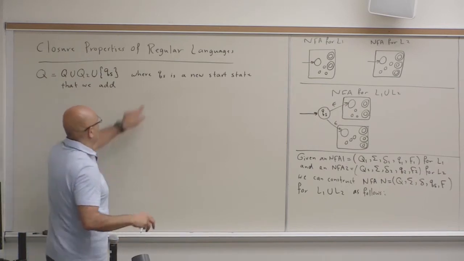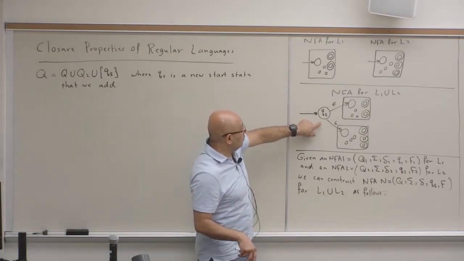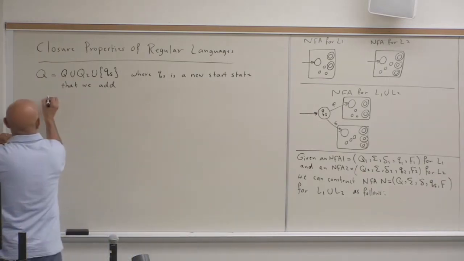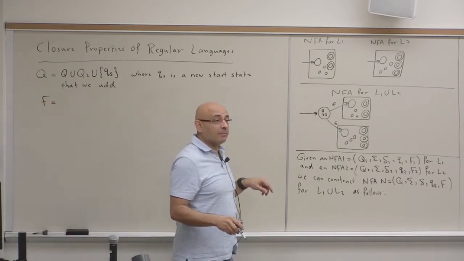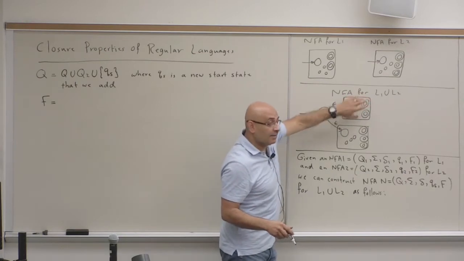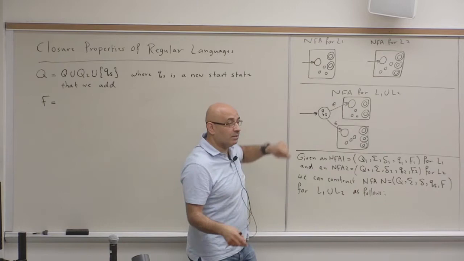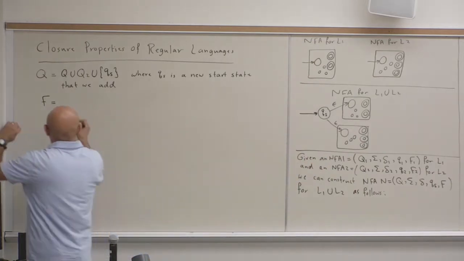We just said that QS is a new start state that we add, and it has nothing to do with Q1 and Q2. Now, what's the relation between F and F1 and F2? So this is F1, this is F2. What's the relation for F for the union? F1 union F2. Yeah, exactly. It's F1 union F2.